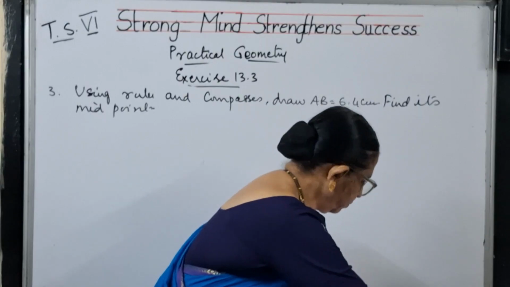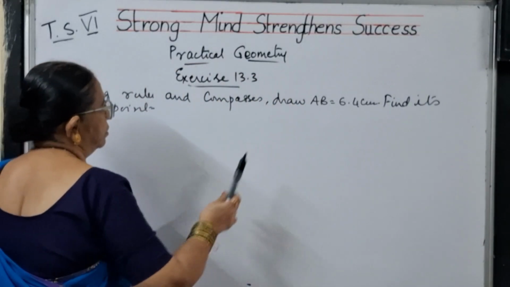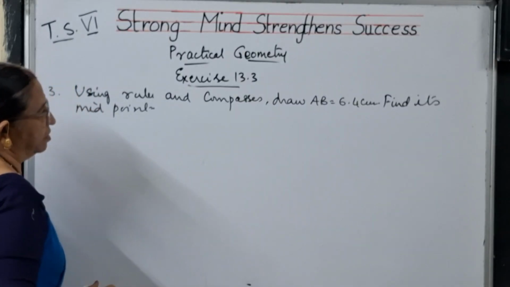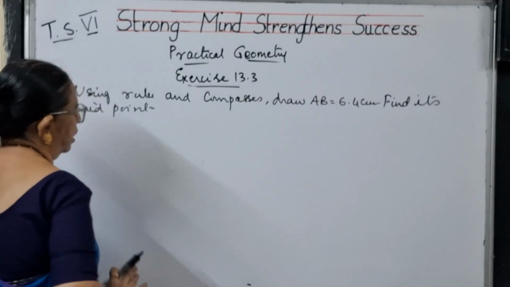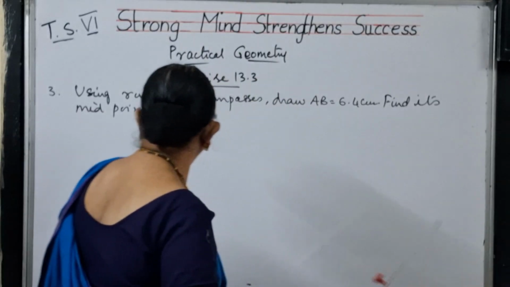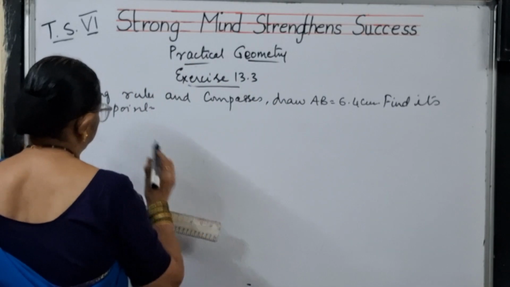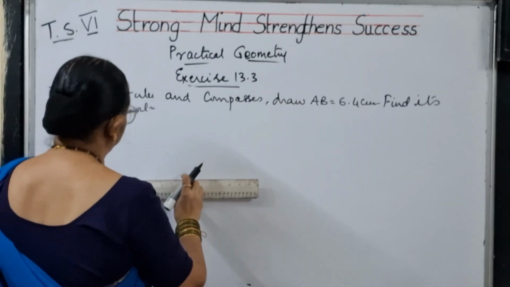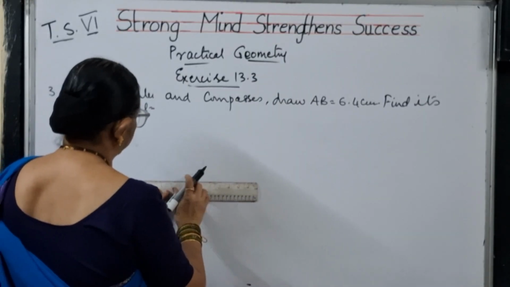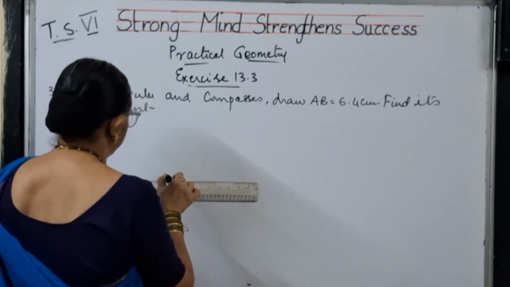Now the next question, children, third one. Using ruler and compasses, draw AB as 6.4 centimeters and find its center, midpoint. Midpoint means center you need to find out. So first, you have to draw a line segment of 6.4 centimeters.